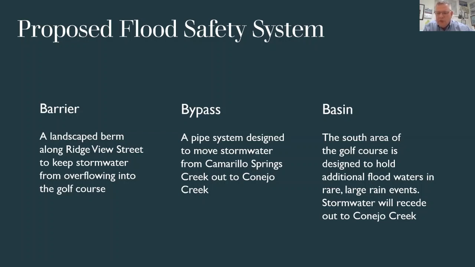There's no homes around the south area, so we can allow that area. It doesn't flood any higher than it did, but we store more water there in the proposed condition than we did in the existing condition. And so we'll spend time looking at each of these elements: the barrier, the bypass, and the basin, the 3 Bs of the project flood management system.